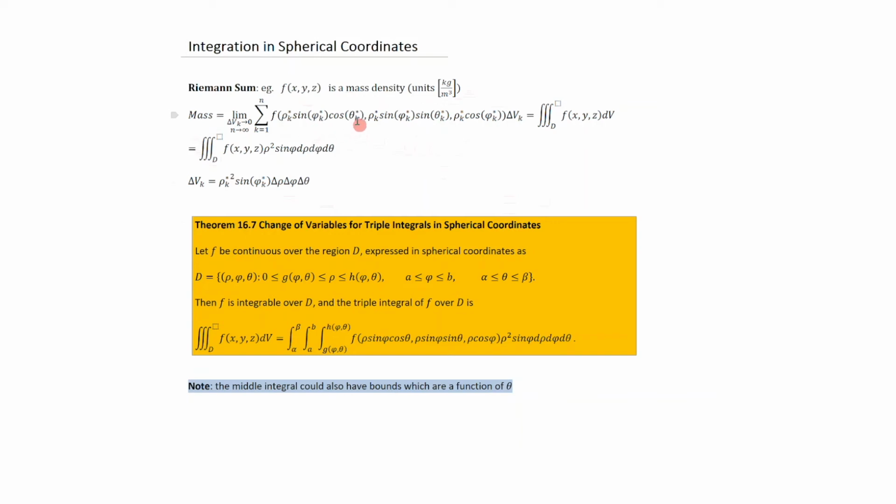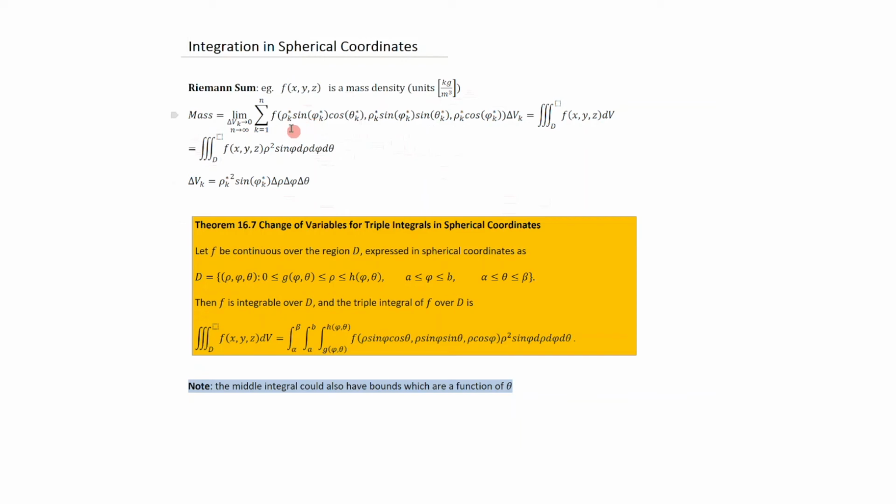So this is the equivalent transform for x in terms of rho, psi, and theta. This is for y in terms of rho, phi, and theta, and this is for z in terms of rho and psi.